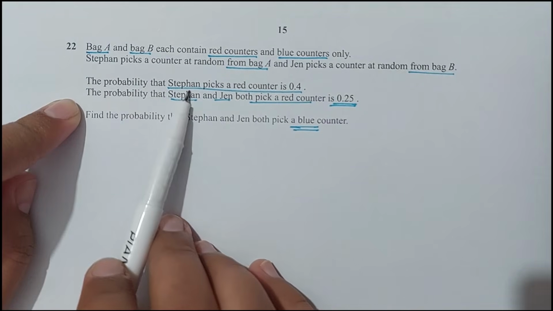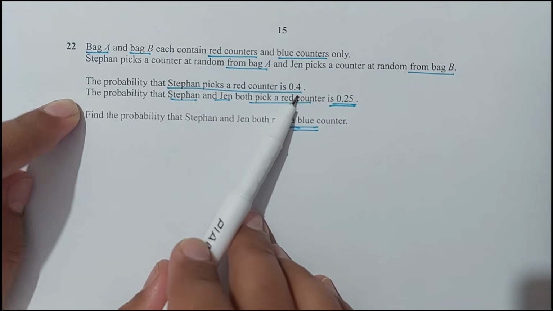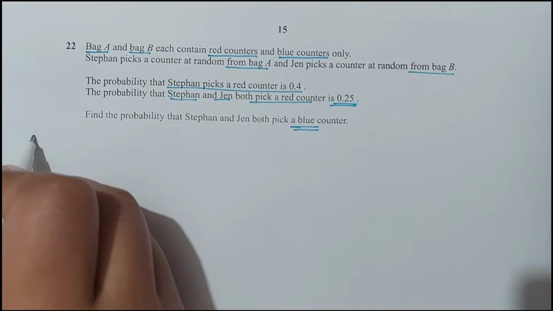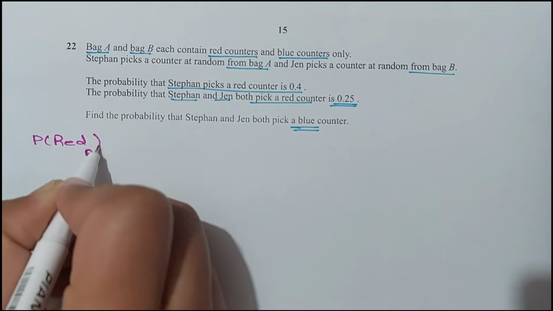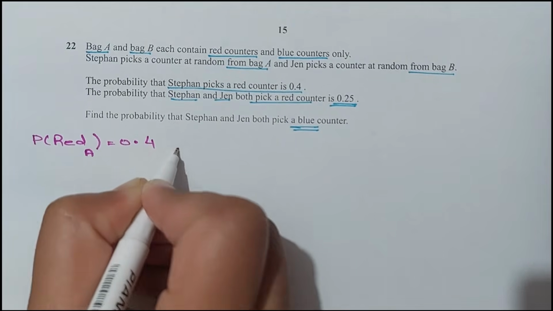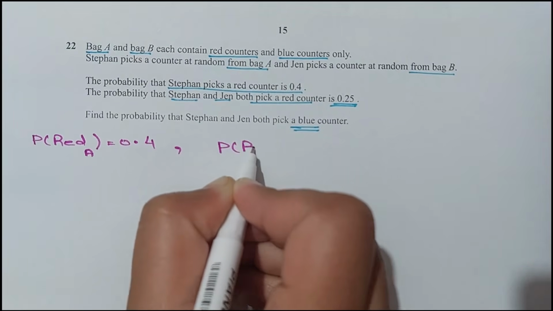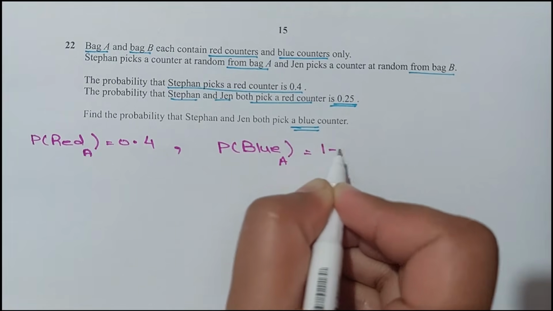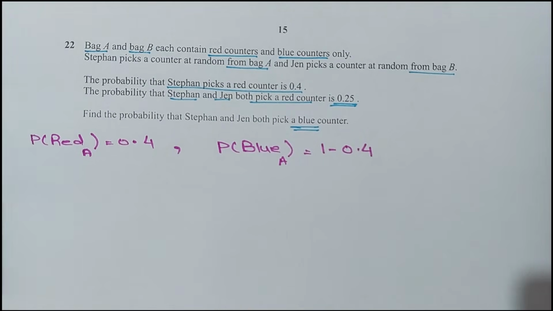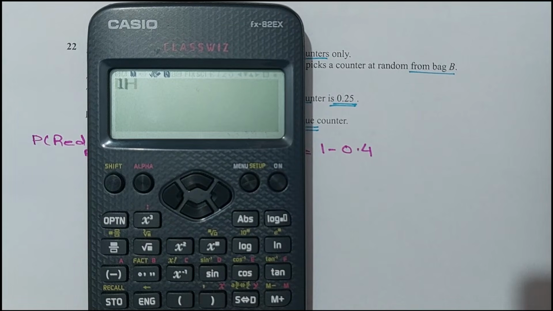The probability that Stephen picks a red counter is 0.4. It means the probability of red in bag A is 0.4, and the probability of blue in bag A is 1 minus 0.4, which is 0.6.